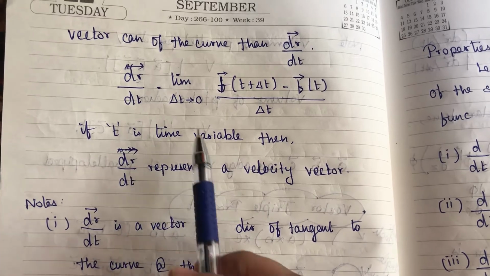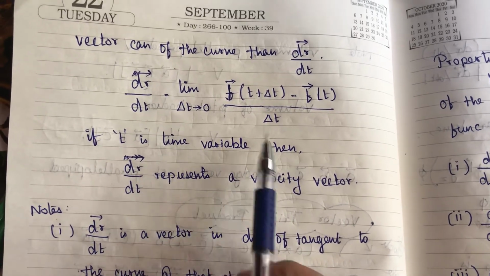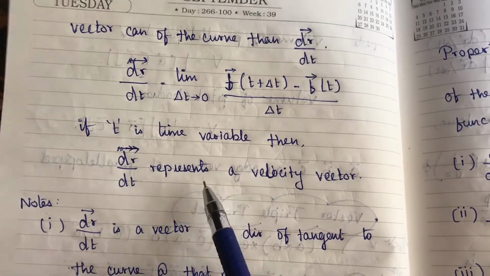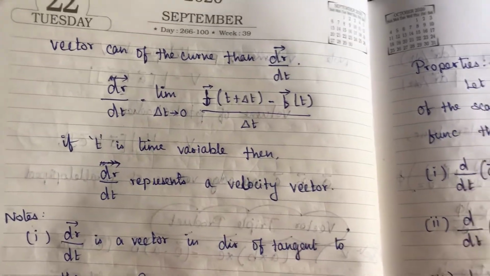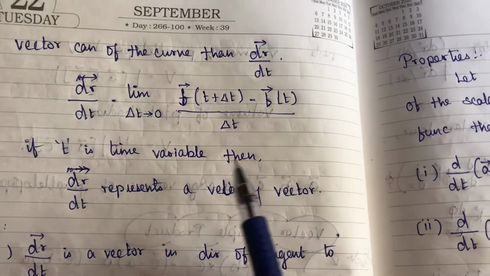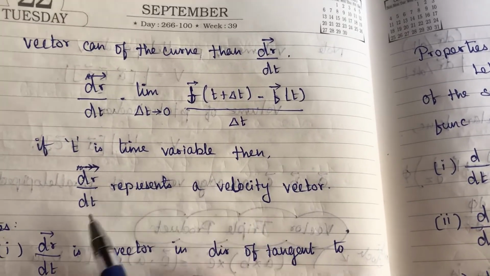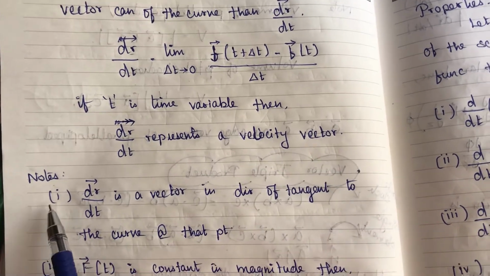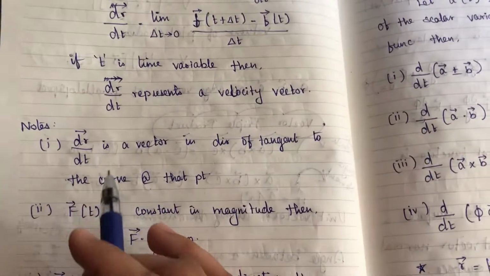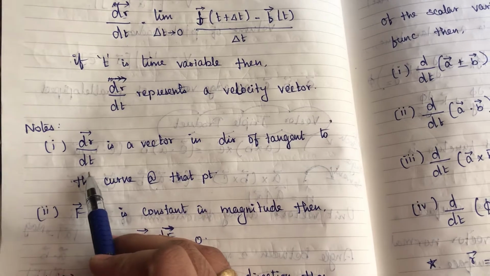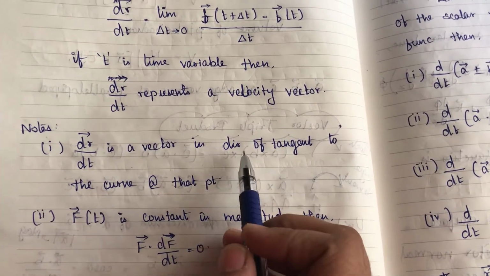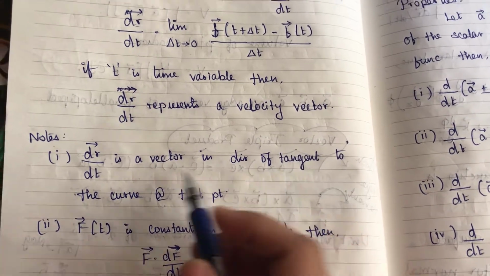If t is the time variable, that is, time is changing, then dr by dt represents a velocity vector. If there is a time change, it will represent the velocity of the vector. There are some notes: dr vector by dt is a vector in the direction of the tangent. What is a tangent?